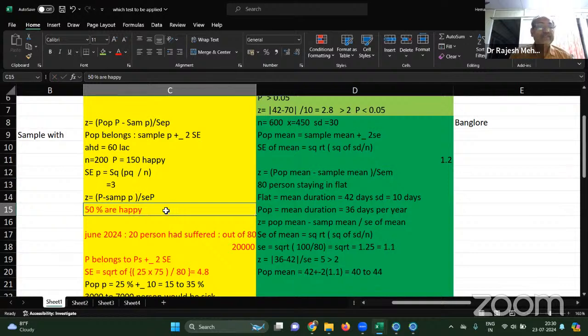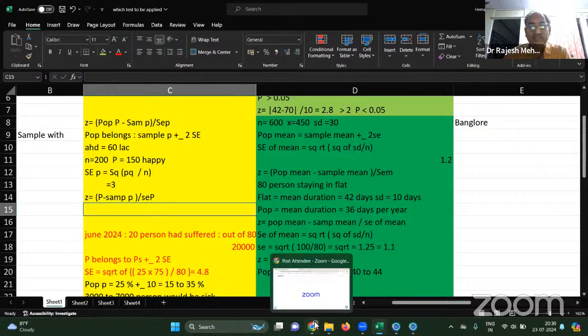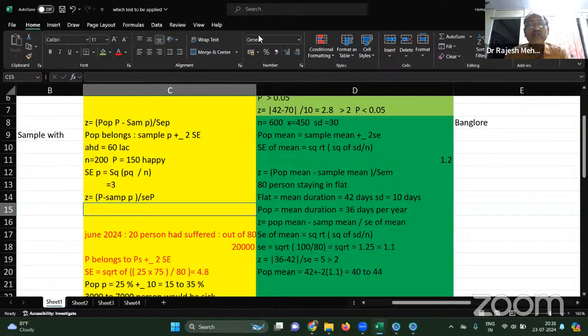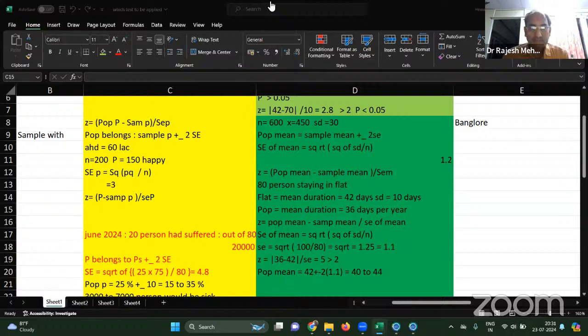Now, what does this mean? Standard error of proportion, it means standard error and standard deviation. Do you think that standard error is one kind of standard deviation? Then we'll move further. My question is, before I apply the standard error over here, do you think that standard error is one type of standard deviation?